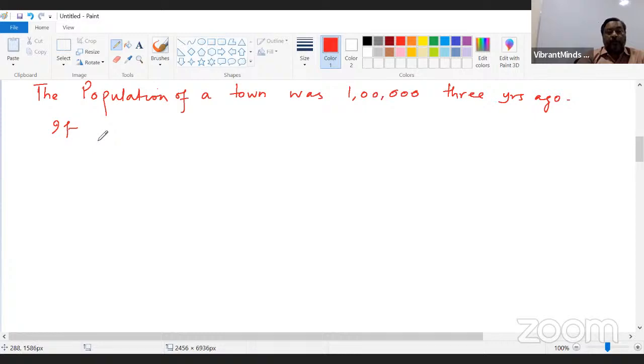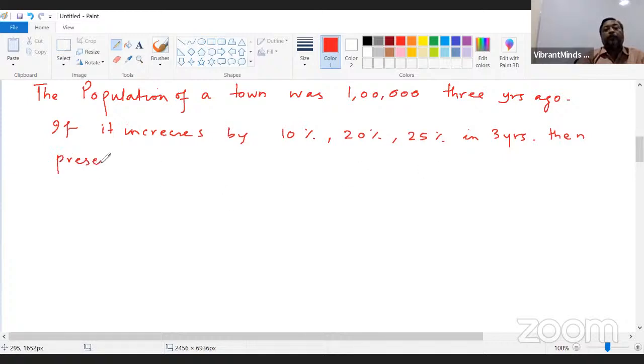If it increases by 10%, 20%, and 25% in 3 years, then the present population is... so what is the present population?